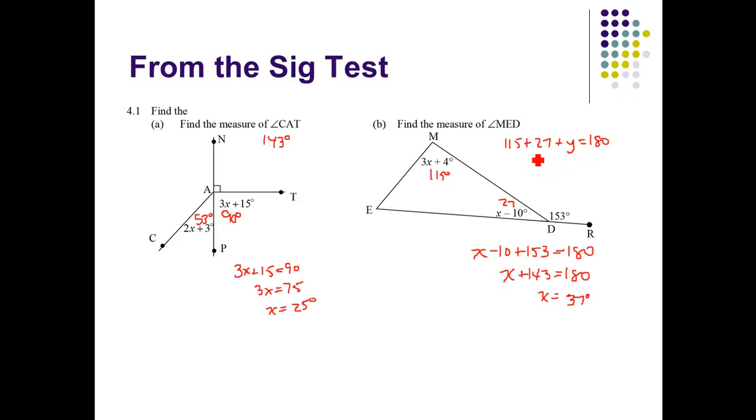So 115 and 27 is equal to 142. So y is going to equal 180 minus 142, which is equal to 38 degrees. So this angle right here is equal to 38 degrees.